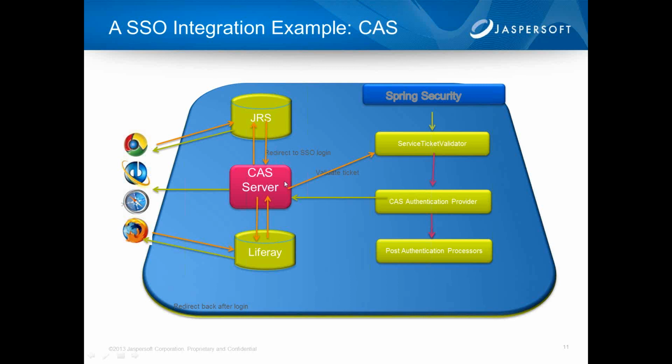So the CAS server requests a service ticket validation from Jasper server, and those couple of filter chains are involved, and we have a document.